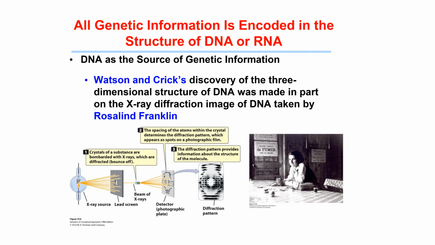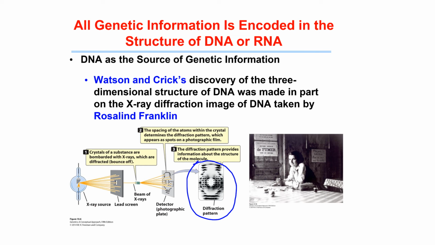This is her image of the diffraction pattern of DNA. This story of Rosalind Franklin is quite sad. She was working with Maurice Wilkins. Both were using X-ray diffraction to study DNA structure. But because of their personal misunderstanding or problems, they did not collaborate or work together, but each one published their results separately.